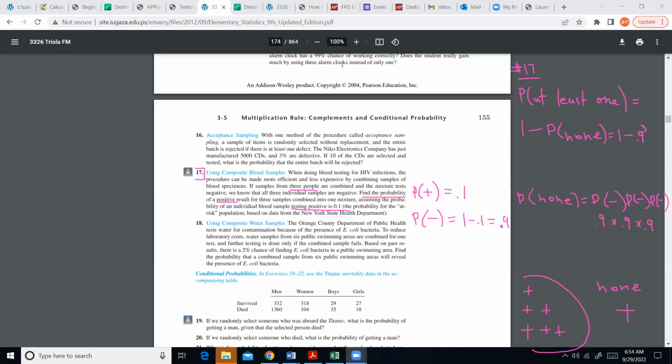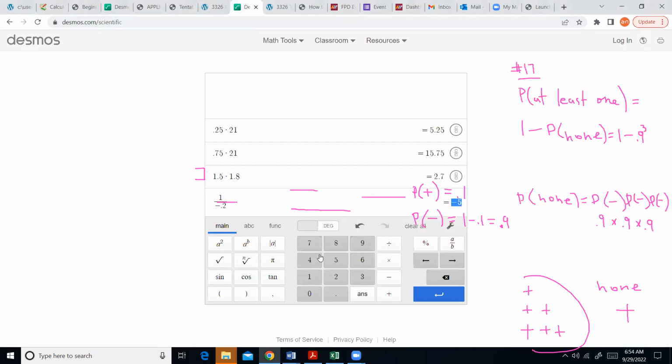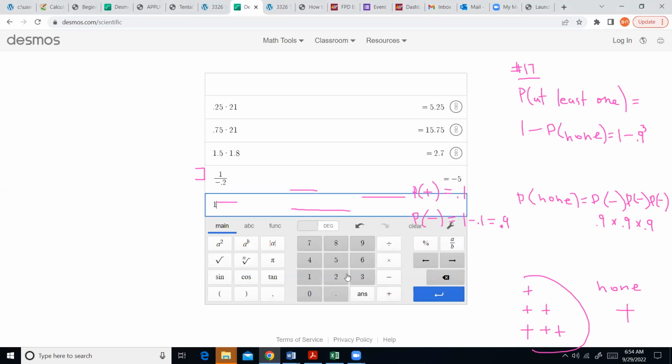So this is the approach that they take in the exercises in the section. I just want to use a calculator and subtract from 1 the quantity 0.9 raised to the power of 3. Let me clear this a little bit. So we have this calculation going on here.